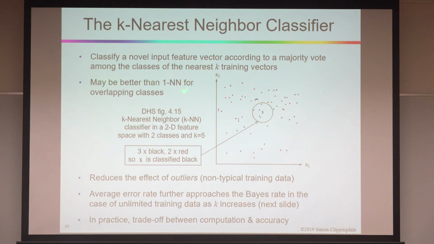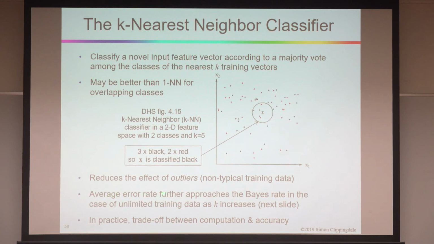This may be better than a single nearest neighbor classifier when the classes overlap like they do here, because you reduce the amount of noise. It reduces the effect of outliers, i.e. non-typical training data.